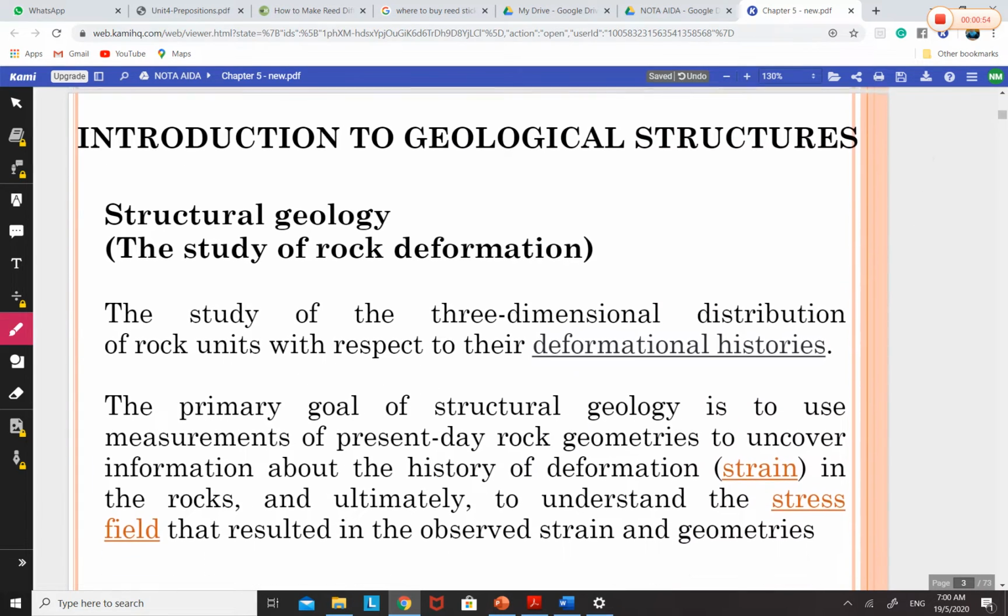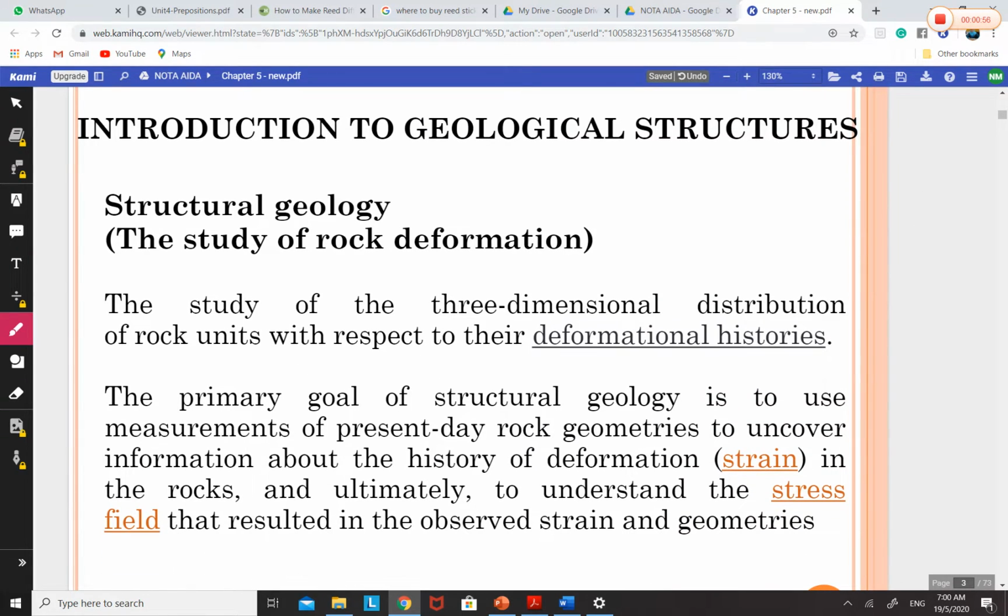Okay, a little bit on the introduction to geological structure. The study of rock deformation. In terms of deformations, the changes, the rock changes. From structural geology, what we can identify is actually the history of the deformations.